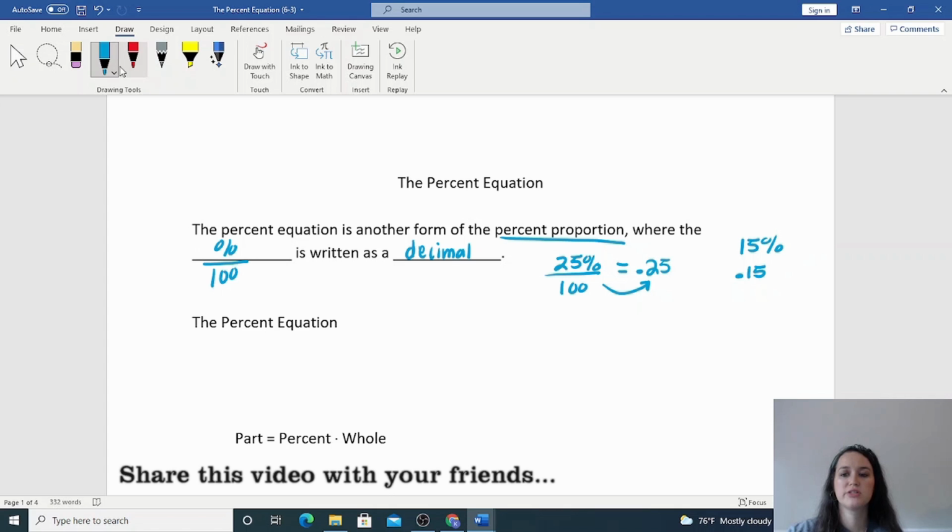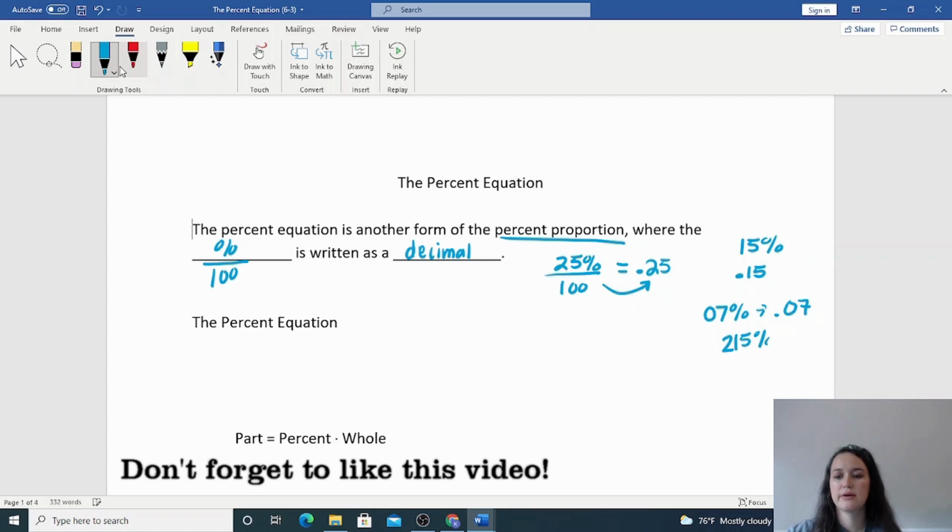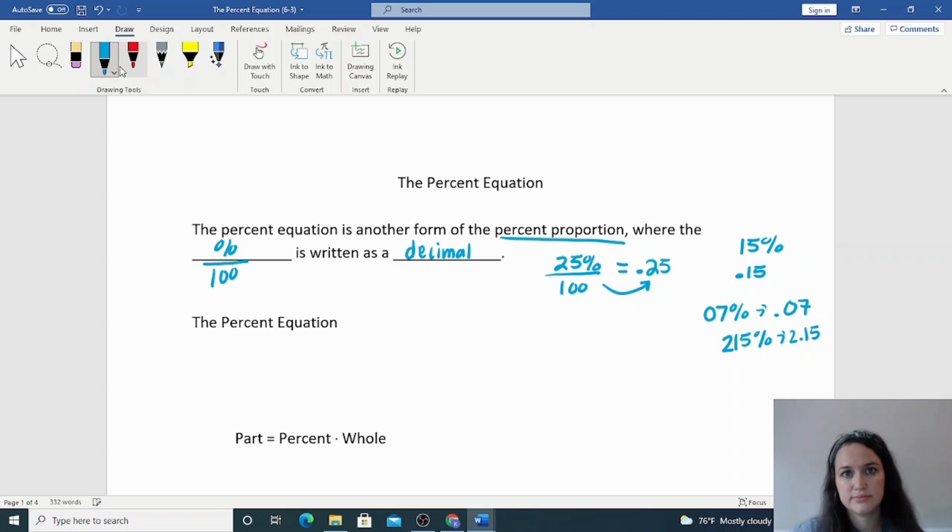If you had 7%, that would become 0.07. If you had 215%, that would be 2.15. So that's how to convert percentages. You're welcome to use your calculator until you become comfortable with that shortcut, but I suggest the shortcut because it will save you time.